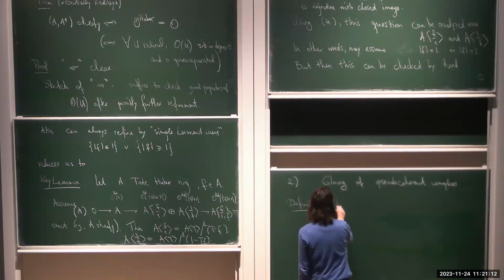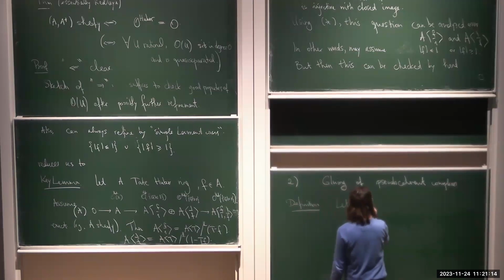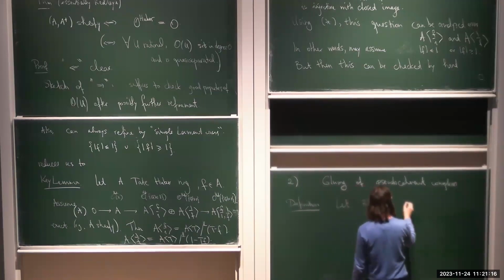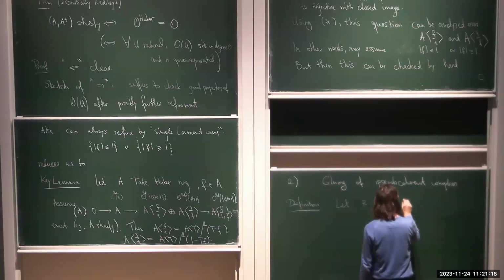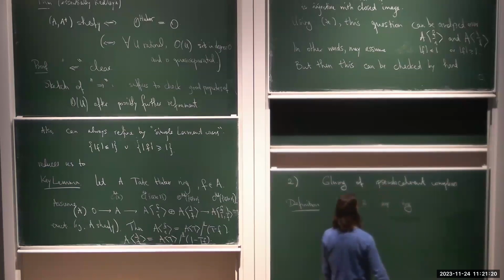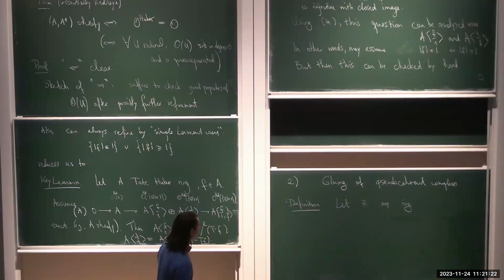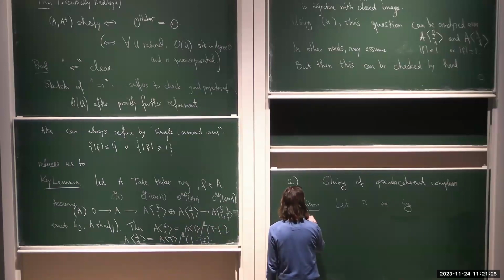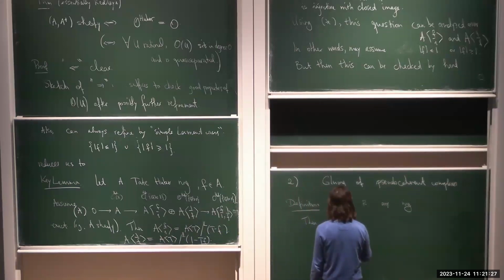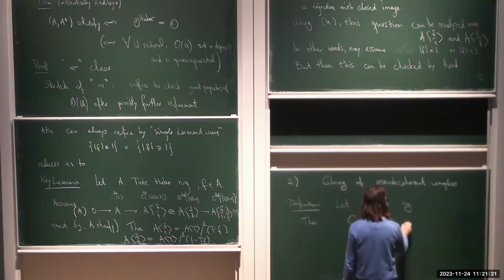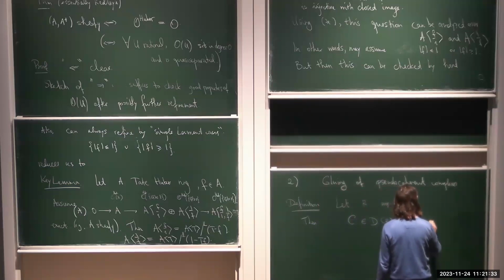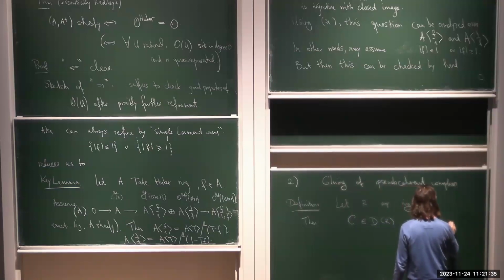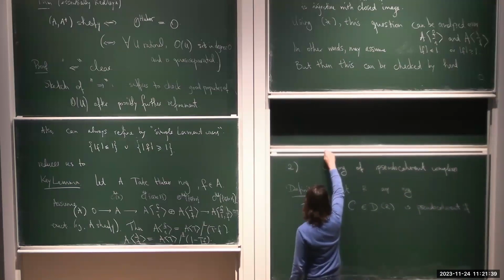So let R be any ring. No condensed structure for now. Then some complex C in the derived category is pseudo-coherent; this definition is SGA 6, I believe.